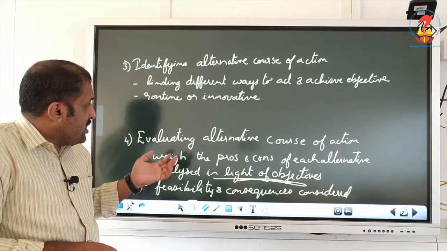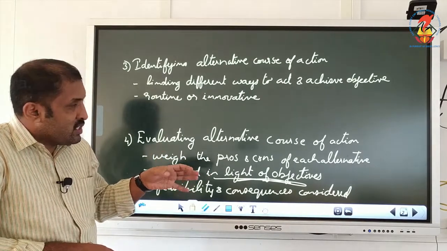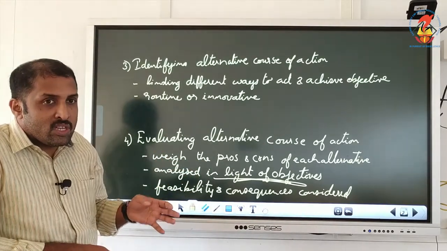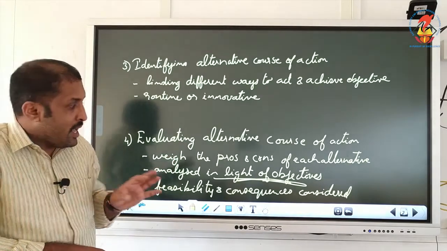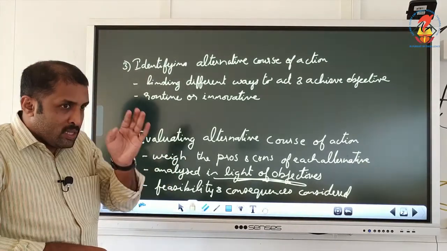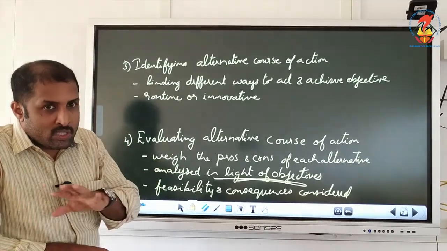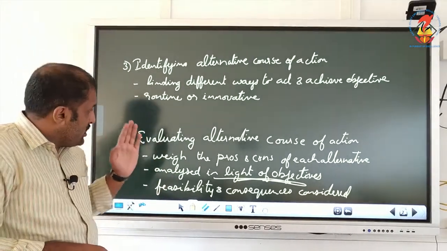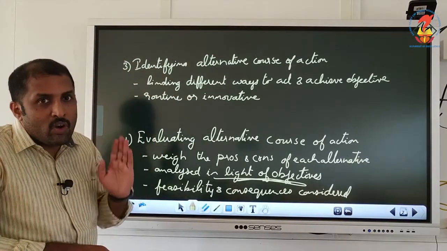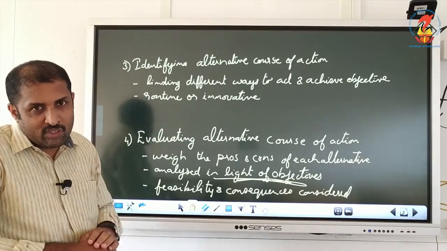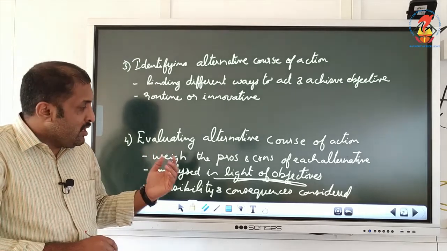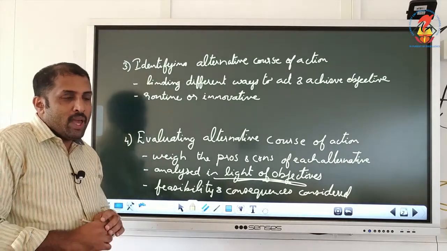Evaluating alternative courses of action, positives and negatives are considered in the light of objectives, and we are checking whether it is the apt one and what the consequences will be. All these things happen in the step of evaluating alternative courses of action. That is the fourth step in planning.